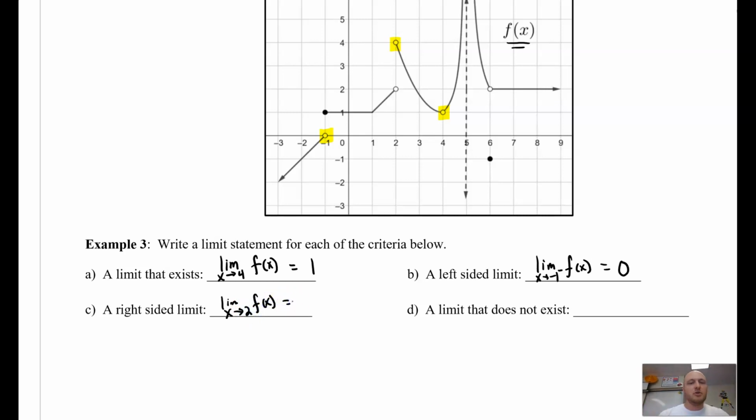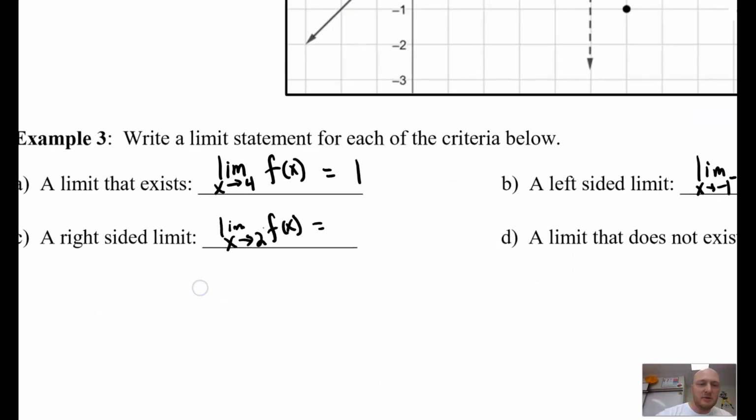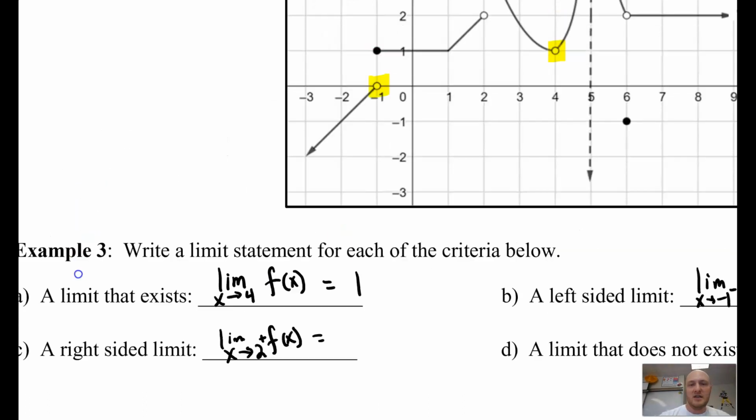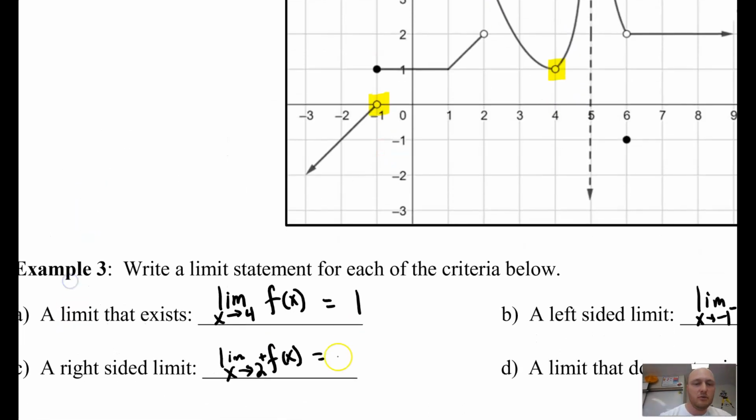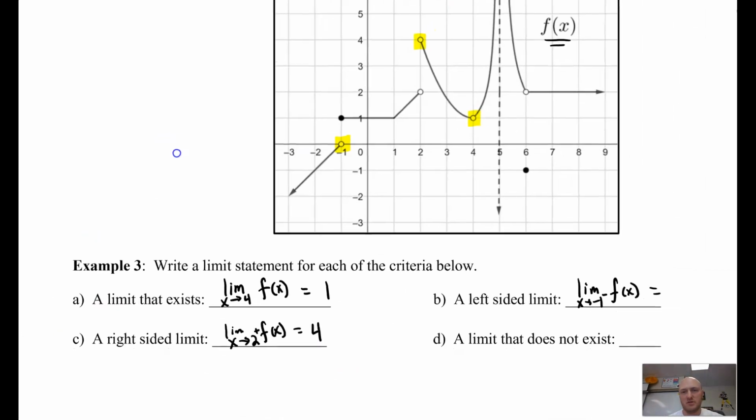You can do it both ways, but I think it's a good idea when you're thinking notation. You don't want a naked limit. You don't want to leave out information on your limit. So the limit of f of x as x approaches 2, and we want from the right. So I'm going to add in a little plus right there. Okay, it is equal to 4.